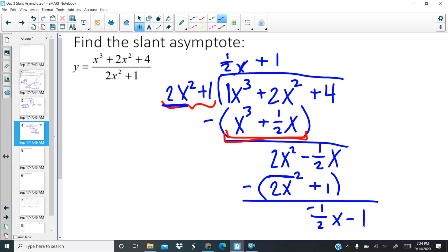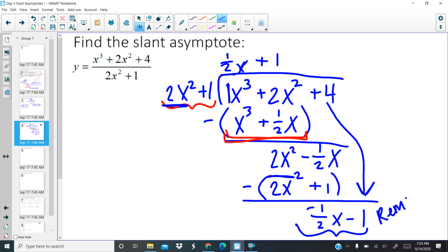And then 2x squared cannot go into negative 1/2 x, so all of that. And then if I dragged down my plus 4 as well, then all of that would end up becoming negative 1/2 x plus 3, which is not something that we would have to worry about because all of that is just going to be a remainder.